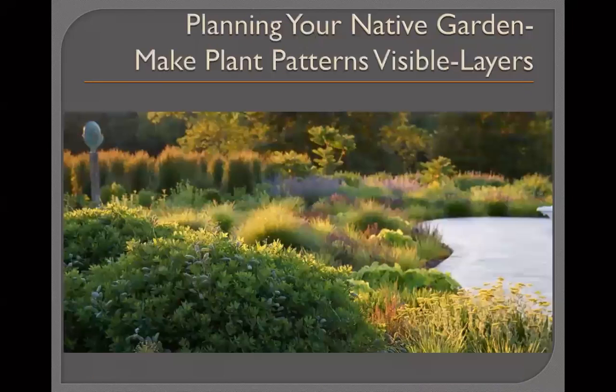But visible patterns, this is a good example. The shorter plants there in the front working towards the taller grasses. Looks like switchgrass there in the back. But there's 3 or 4 different distinct layers within this, with some grasses incorporated with some of the perennials. But it all works cohesively together.